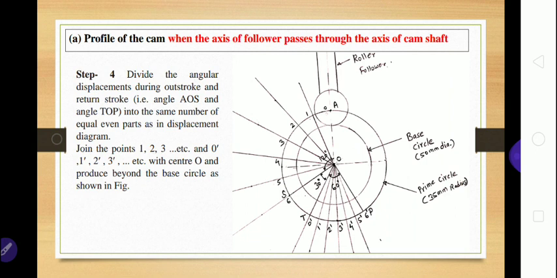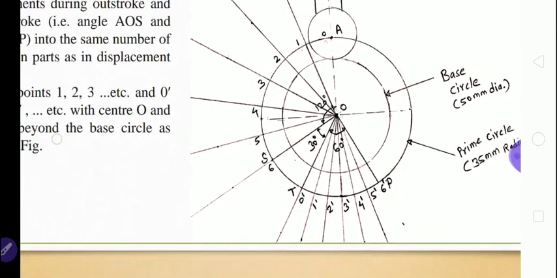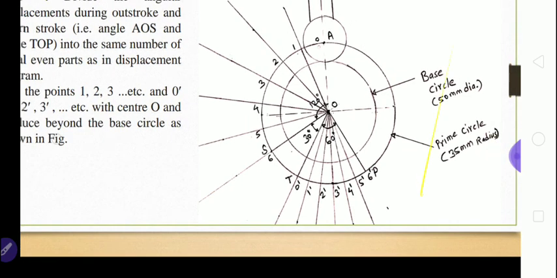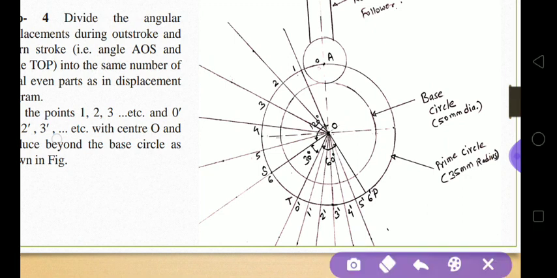Now here you have to divide these angles, that is 120 degrees and 60 degrees, because 120 degrees is the angle of outstroke and 60 degrees is the angle during the return stroke. These two angles you have to divide into 6 equal parts. Now if we divide 120 degrees into 6 equal parts, then each part, AO1, will be an angle equal to 20 degrees.